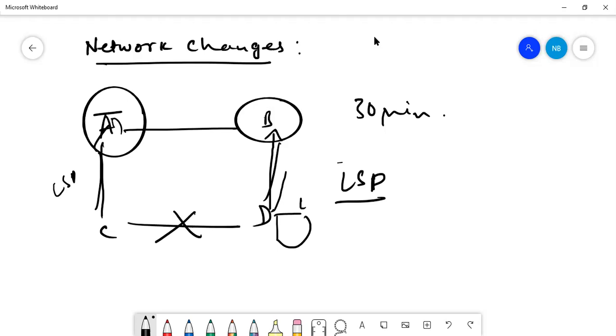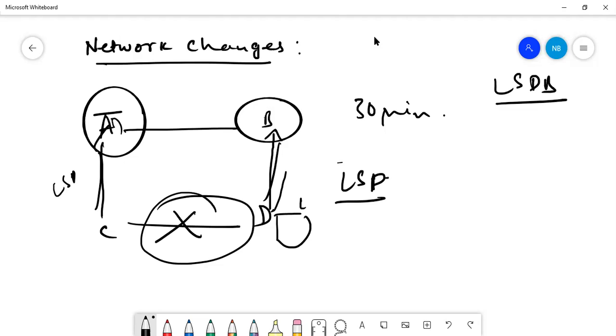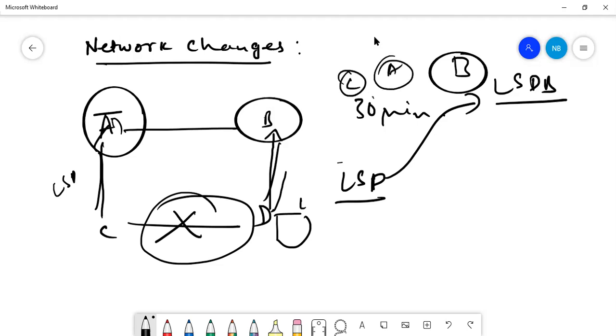So what happens after failure of this particular link? The updated LSPs will be sent back to this particular B. Now again, this updated LSP will be gathered into the LSDB of the particular routers B, A, C and D. So what happens again?